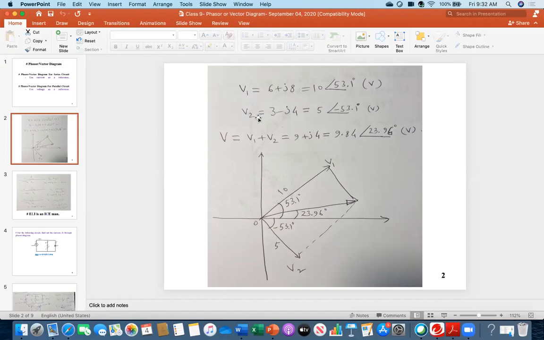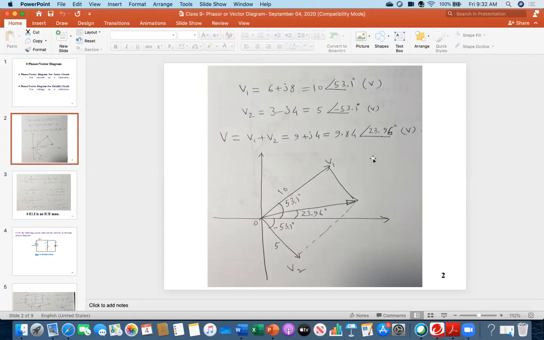Now I am adding these two. V1 plus V2: the simple summation of 6 plus 3 is 9, and j8 minus j4 is plus j4. Then I convert it into polar, and this is the result.